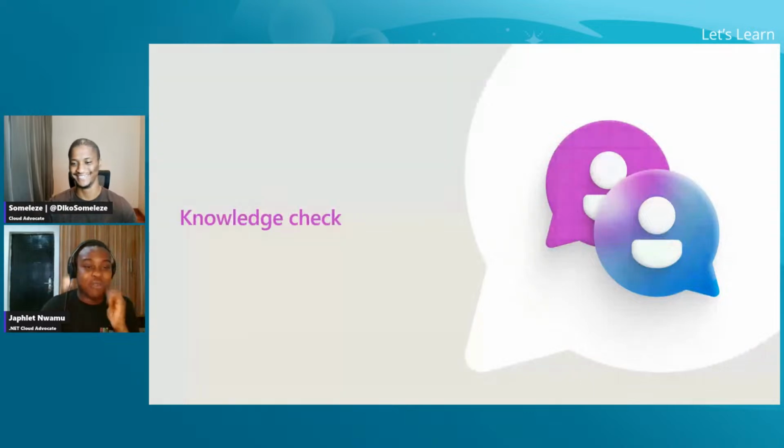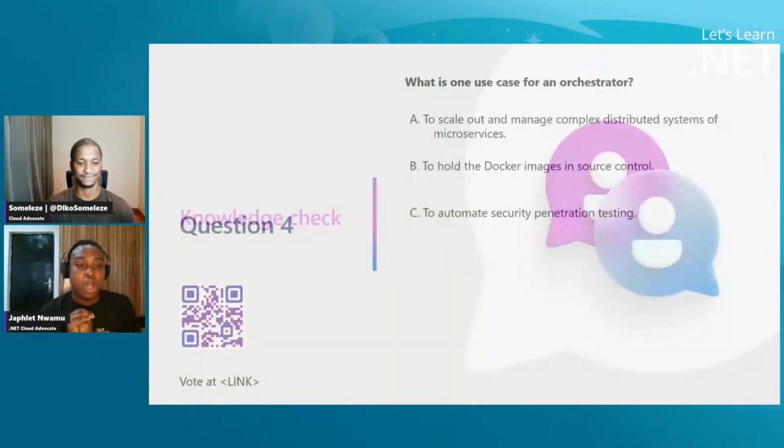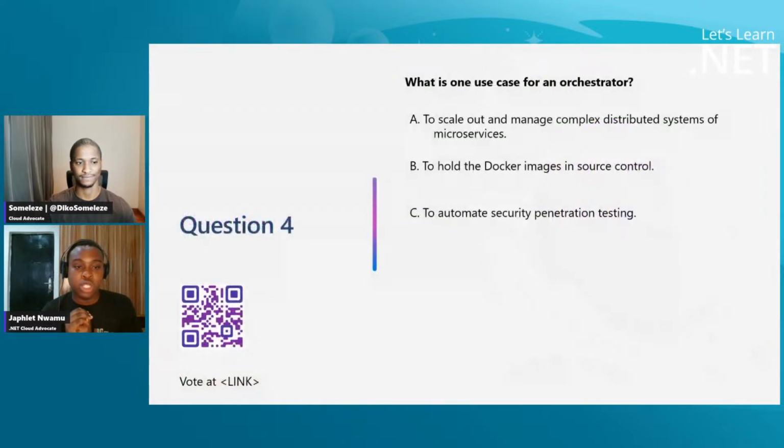So for our fourth question in this entire session, it is, what is one use case for an orchestrator? What do you think, Sumilizi? The options? My best bet could be... I think I'm going to hold my answer because I just spoke about this.